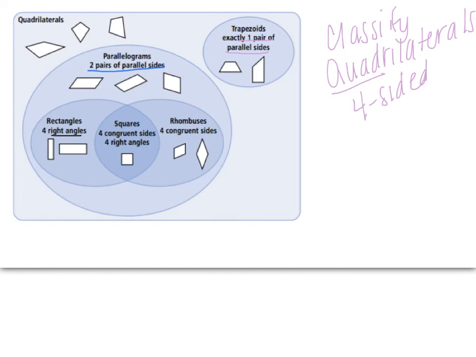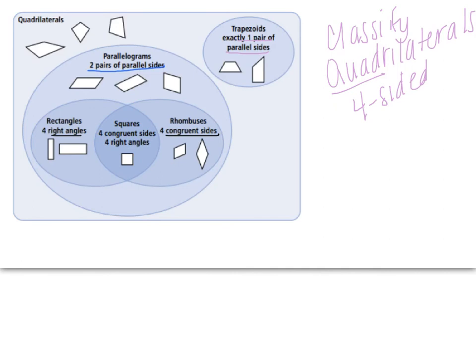The next one that we can talk about is a rhombus. A rhombus is just going to have 4 congruent sides. So you can still see that all of our sides are going to be exactly the same, but they're not necessarily always parallel to one another.